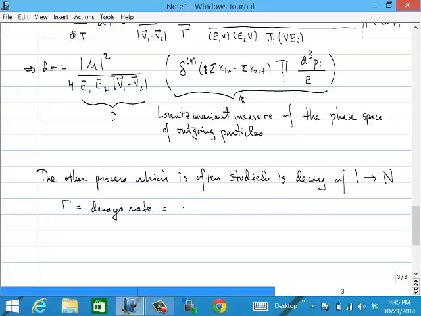So that would be, say, the number of particles that decay per unit time, divided by the total number of particles.